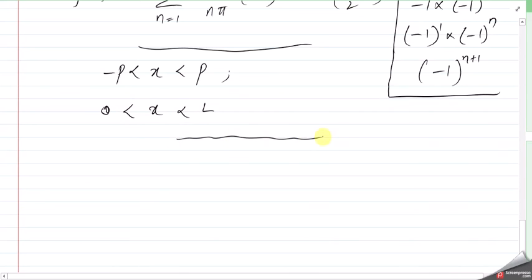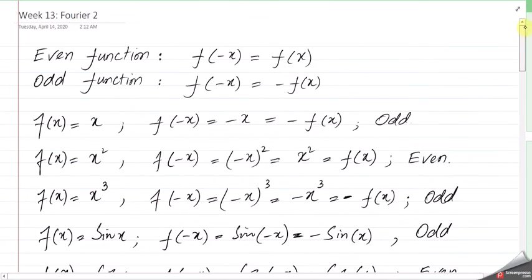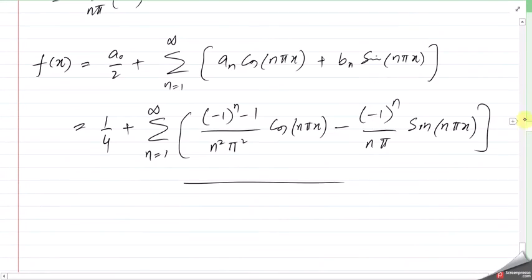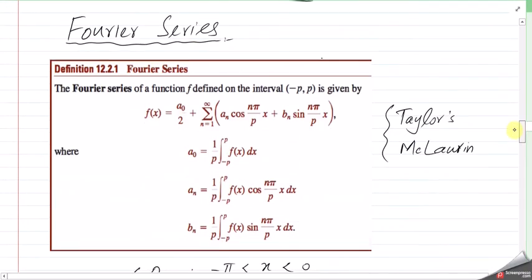How will the formula work? Actually, all the formulas in our Fourier series questions only work if our function is defined from minus p to p. It is very important for the series to be defined from minus p to p.